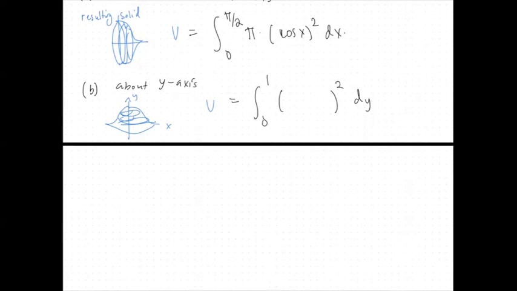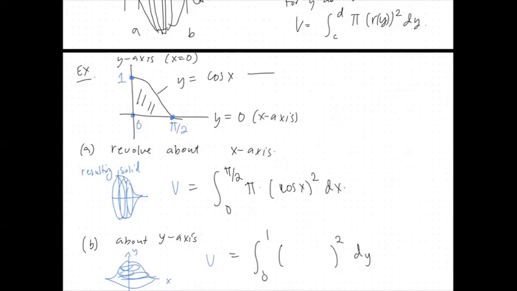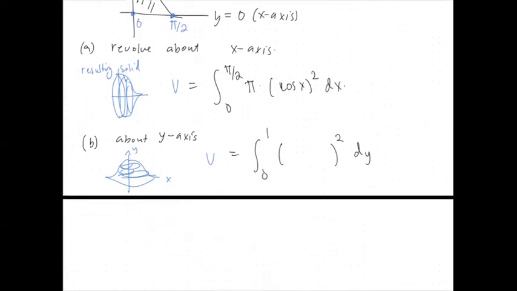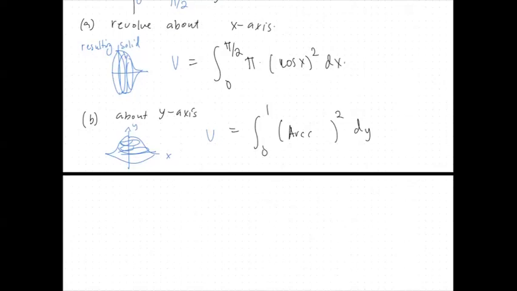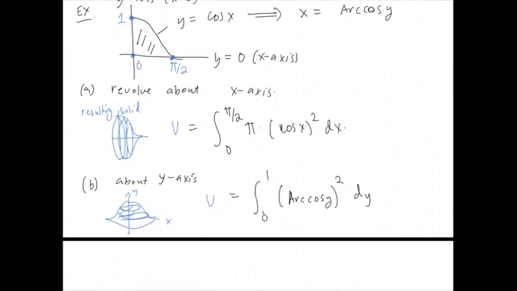But what is your x in terms of y? So x here is arccosine of y. That's it. Here our bounds are from 0 to 1, and here from 0 to pi over 2.